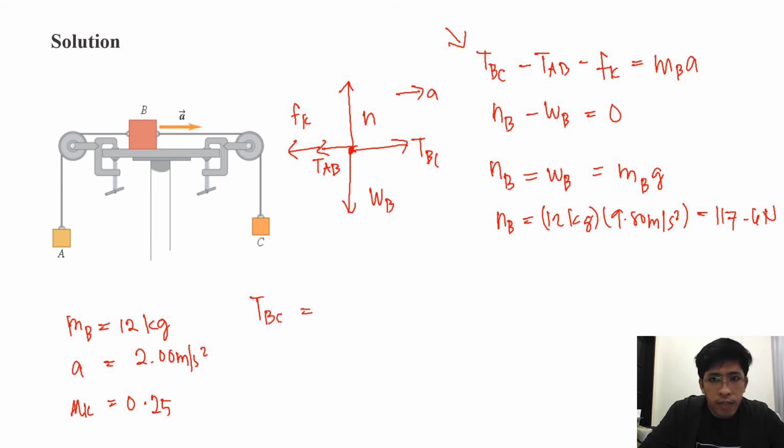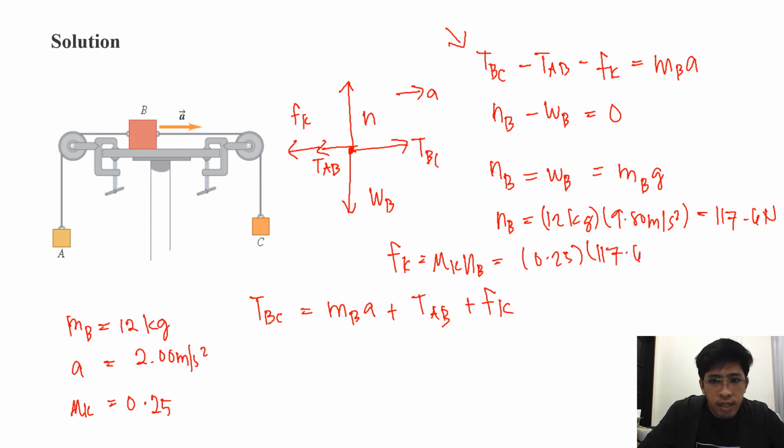So from the first equation, we can solve for your tension BC. Your tension BC is equal to your M_B a plus T_AB, and then plus F_K. Your F_K is equal to your μk times N_B. So you have 0.25 times 117.6 newtons. So your F_K is equal to 29.4 newtons.